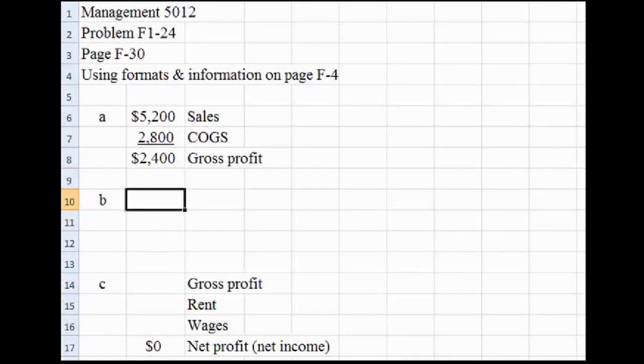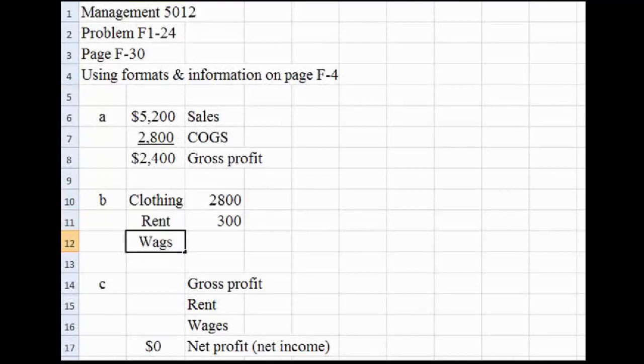The second question says to identify expenses incurred during the month and explain whether they should be used to compute the gross profit or net income. So, the expenses are clothing, $2,800, rent of $300, and wages of $900. So, let's identify those.